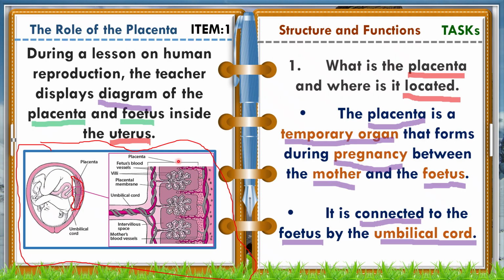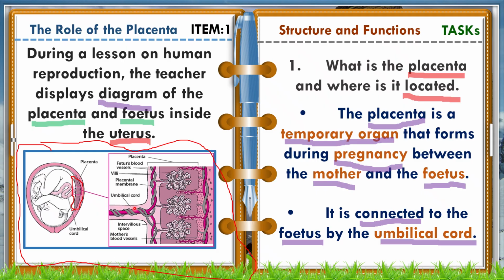So the whole of this part here is the placenta, and the placenta is connected to the mother, this part here, which we are referring to as the uterus or uterine lining. And this side connects it to the fetus, through the umbilical cord.